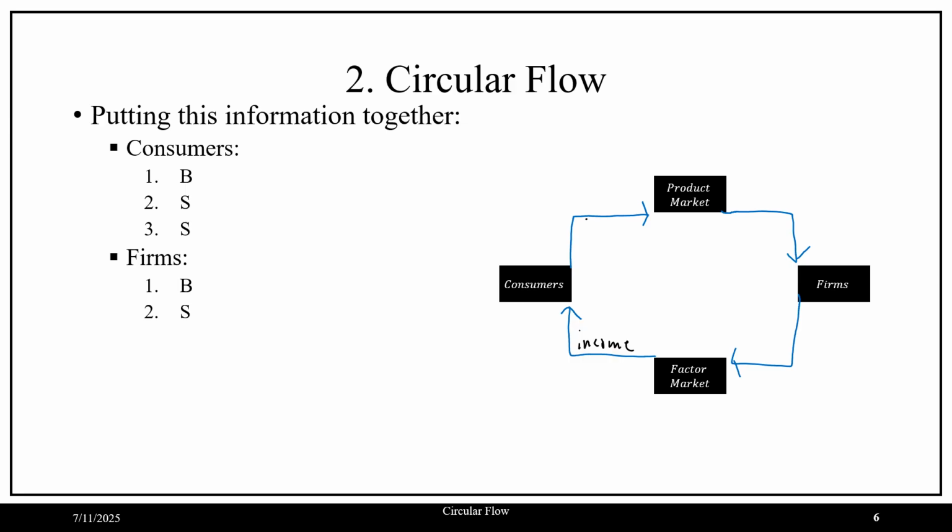With that income, they can buy their favorite goods and services, where that money then hits the cash registers of those businesses and becomes their revenue. And that revenue is then used to pay for our labor, which will be costs, or money flowing out for a business.